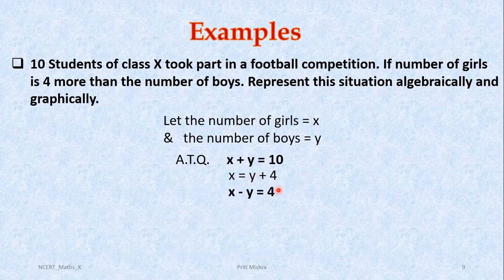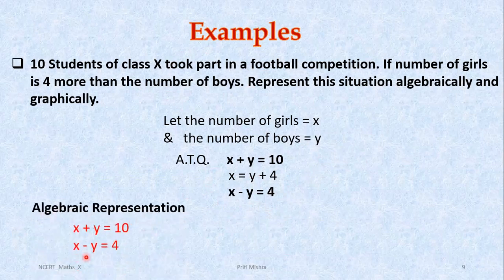We can rewrite it as x minus y is equal to 4. So now we have these two equations on the basis of the information provided in this question. So now we have its algebraic representation. We write both the equations here: x plus y is equal to 10 and x minus y is equal to 4. This is the algebraic representation.